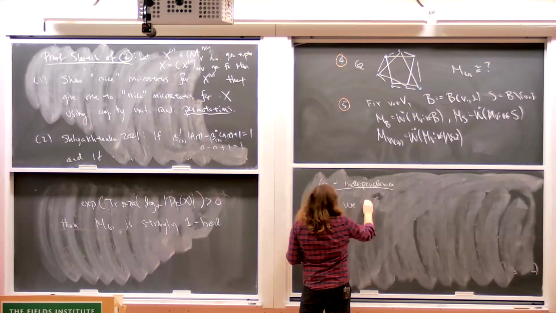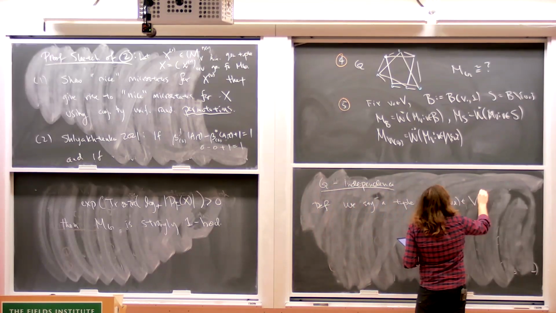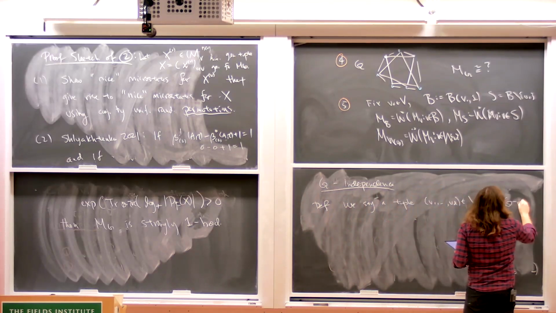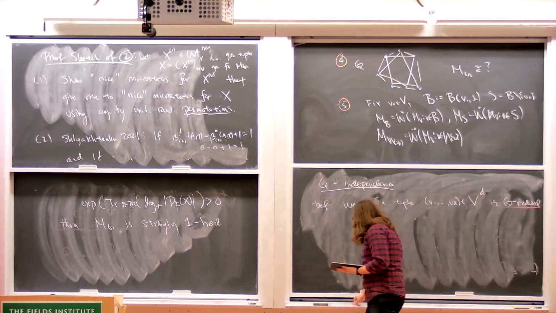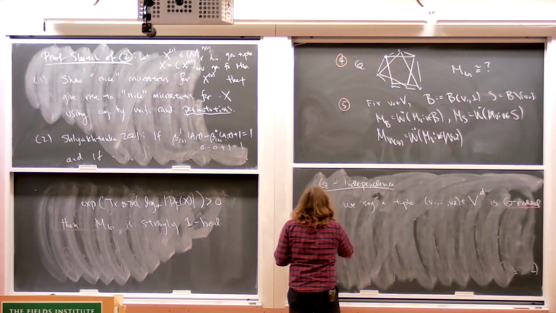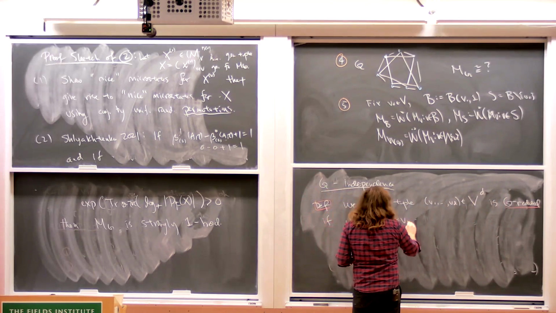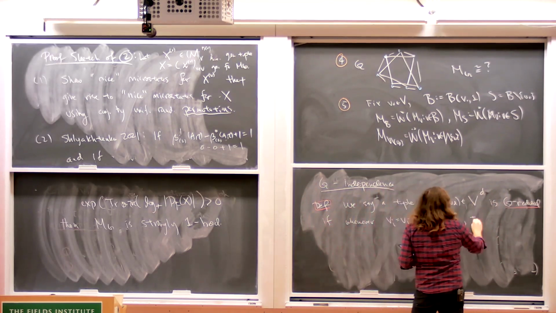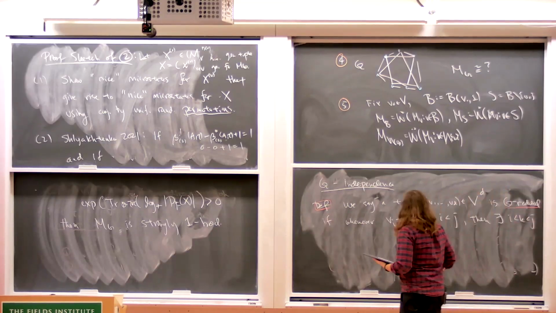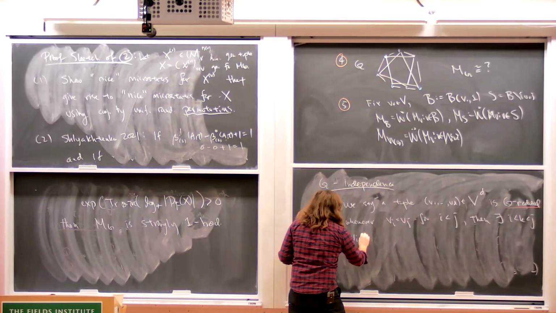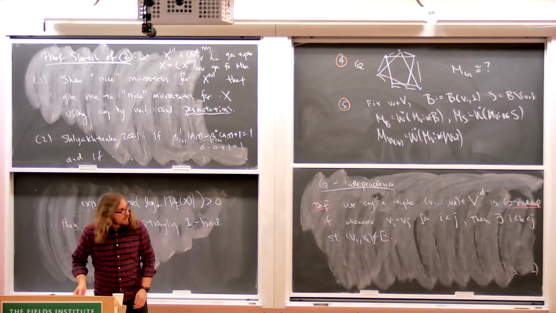So first, we say a tuple V1 through Vd of vertices is G reduced if whenever Vi equals Vj for i less than j, then there should exist some k in between them so that Vi Vk fails to be an edge. Okay? So what is this getting at?